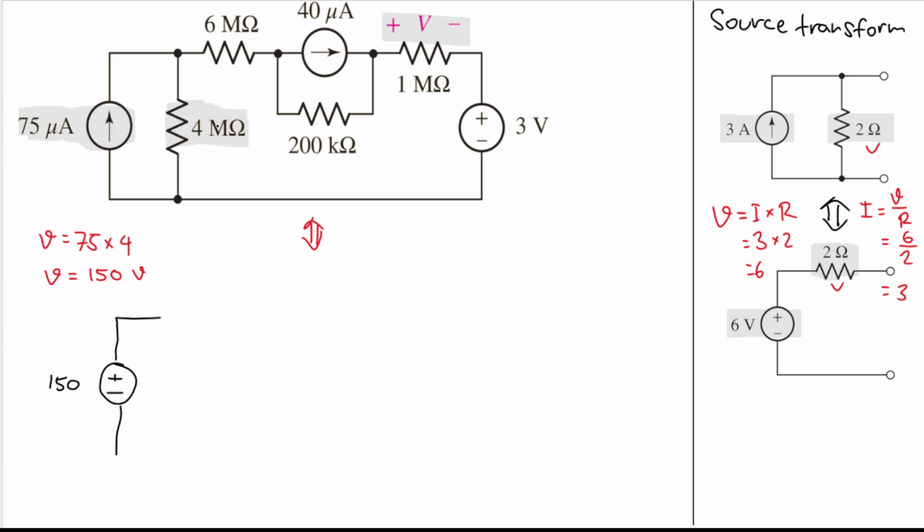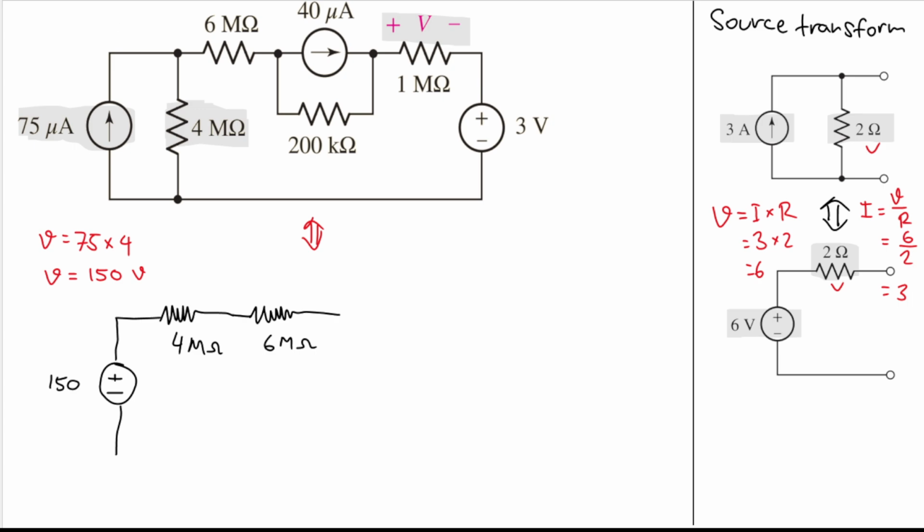Remember, we don't need to change the value of the resistor, but it is in series now. So we'll have this 4 mega ohm, and that is connected with this 6 mega ohm resistor. So we'll have 6 mega ohm.